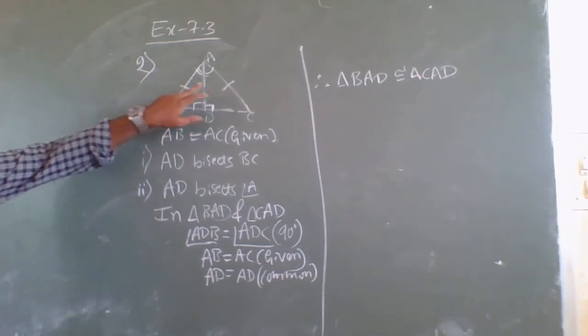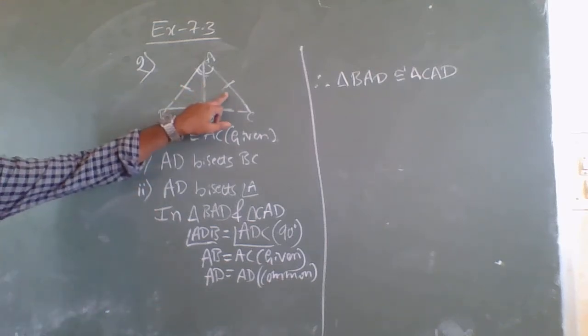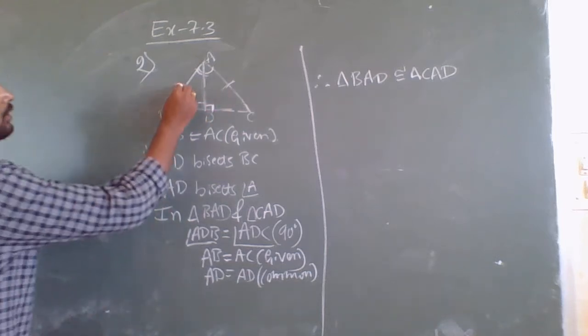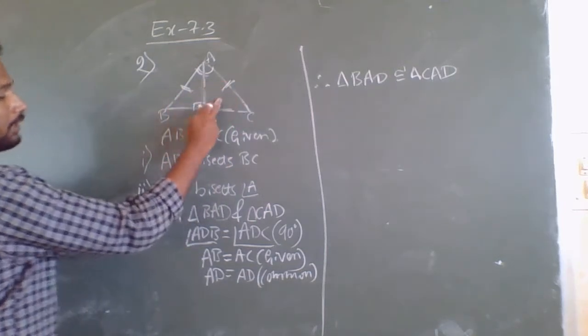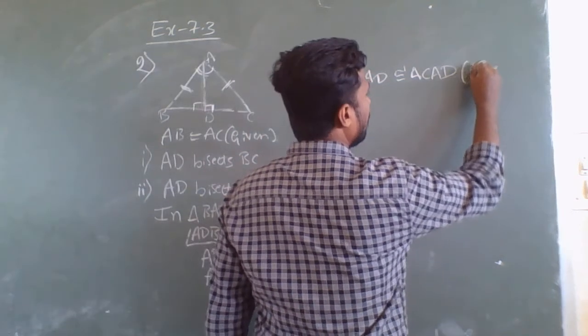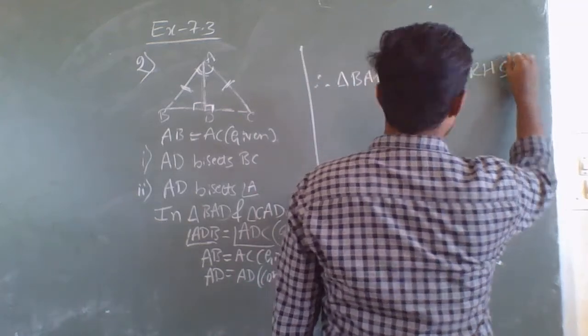These are hypotenuses: AB and AC are hypotenuses because these two sides are opposite to the 90 degree angle. RHS means right angle, hypotenuse, side.